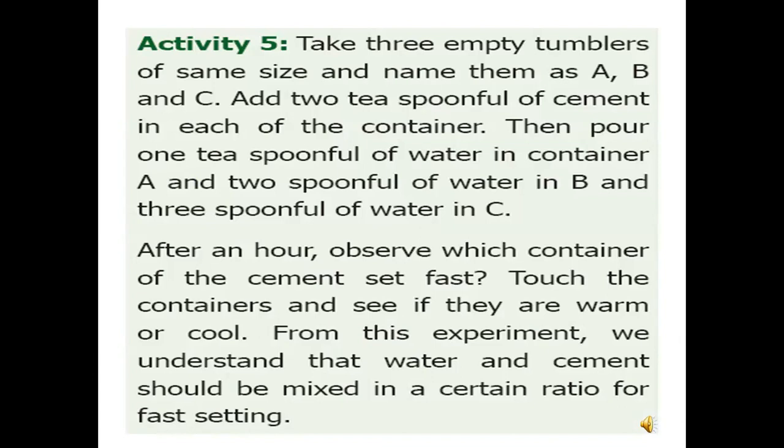Then pour 1 teaspoonful of water in container A, 2 spoonfuls of water in B and 3 spoonfuls of water in container C. After an hour, observe which container of cement sets fast. Touch the containers A, B, C and see if they are warm or cold.